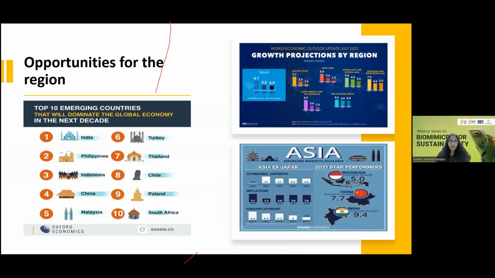Yes, massive. Because Oxford Economics estimated that of the top 10 emerging countries, most are sitting in Asia. Another important projection is by the IMF, the International Monetary Fund, which made an estimation in 2020 of growth projection by region. If you look at the entire world, who has the leading growth projection?